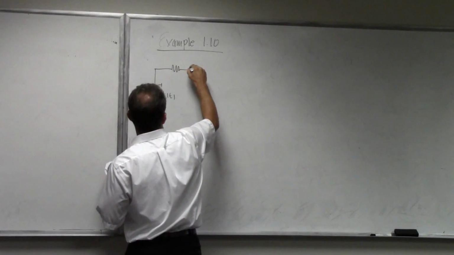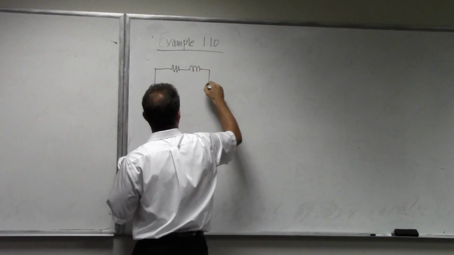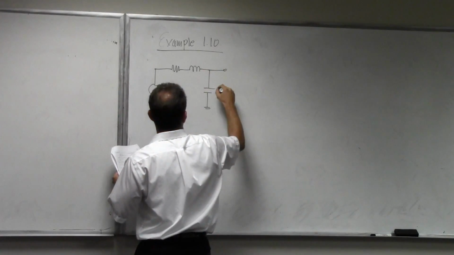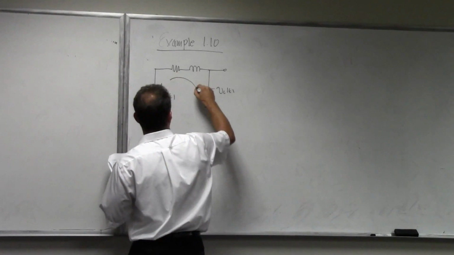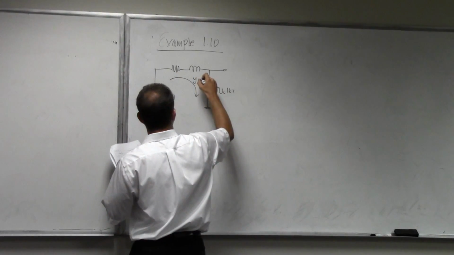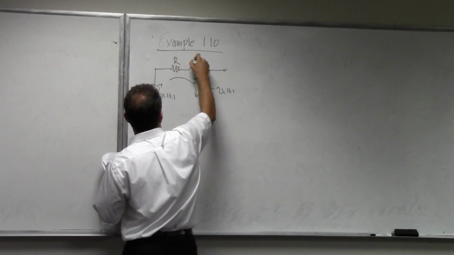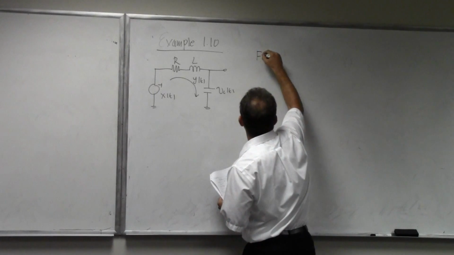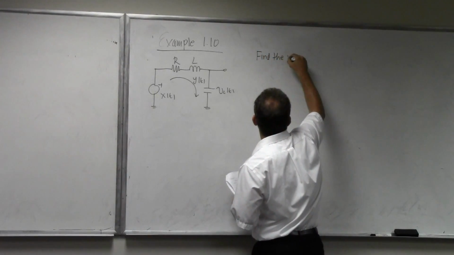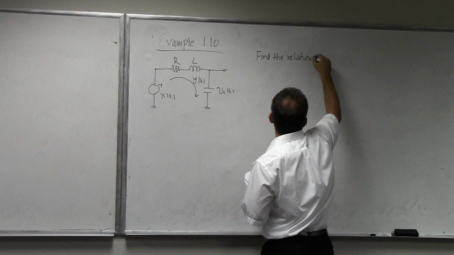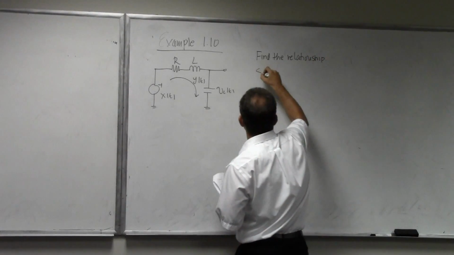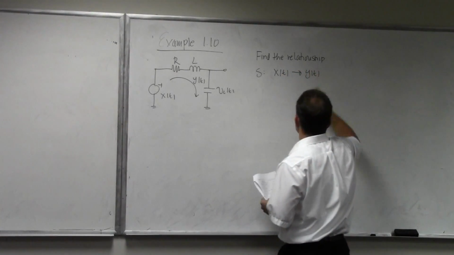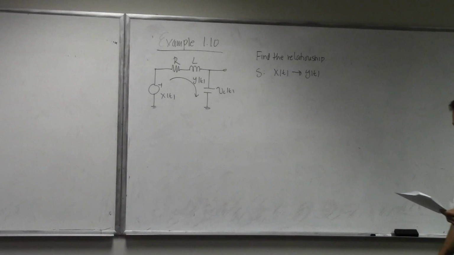Have a resistor here. And the output here is really this current, y of t here, through R, L. And it says here, find the relationship that this is the mapping of the system that will take x of t and map that into y. So that's the relationship that we're looking for.